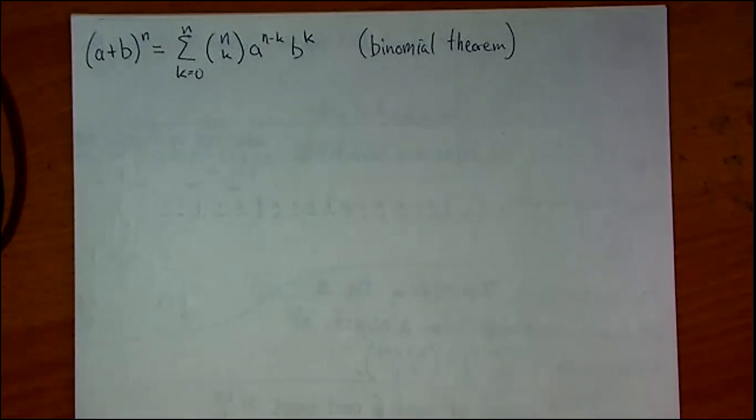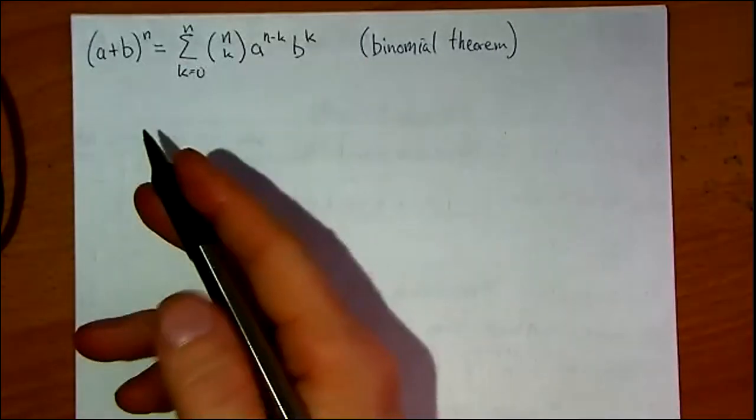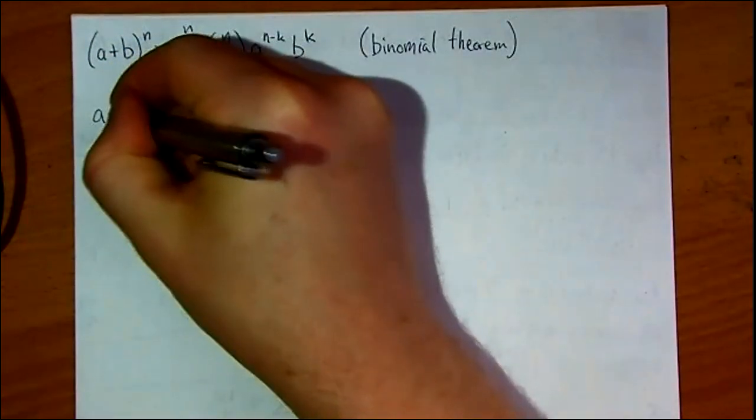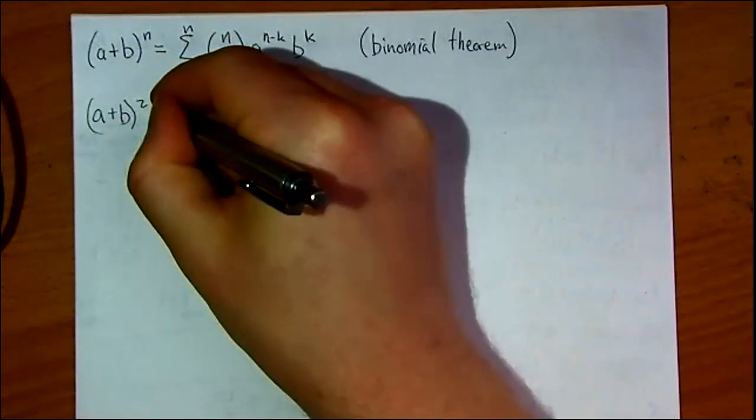Like when would you use this thing? X plus y squared. Yeah, that's a great example. Good, good. Or I'll do a plus b squared since we're doing a's and b's here. So if I have a plus b squared, what's that going to equal?